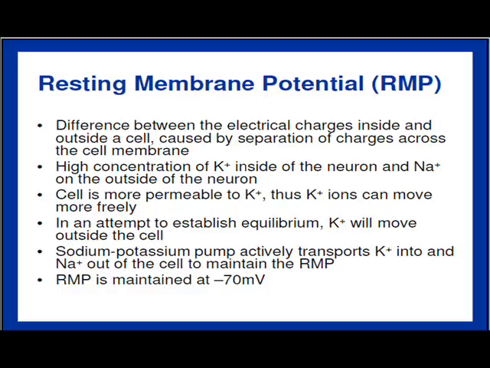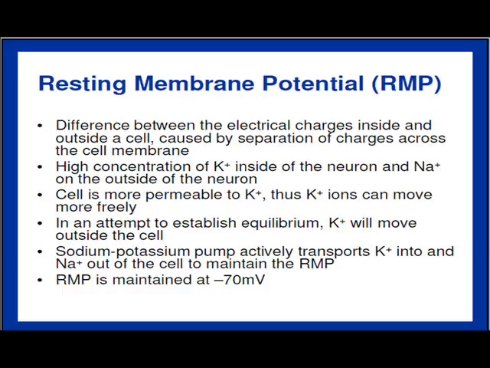So at rest in the neuron, in a cell, we have an electrical charge inside the cell of a neuron of around minus 70 to minus 90 millivolts.